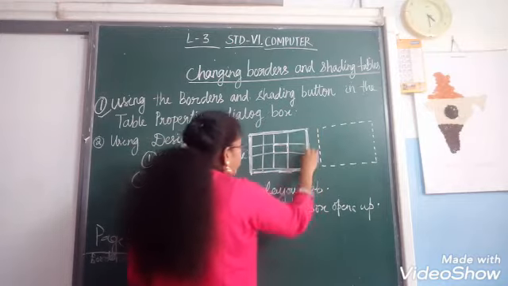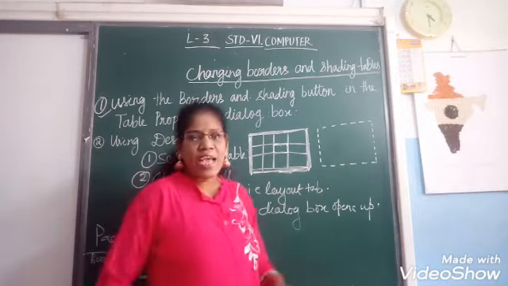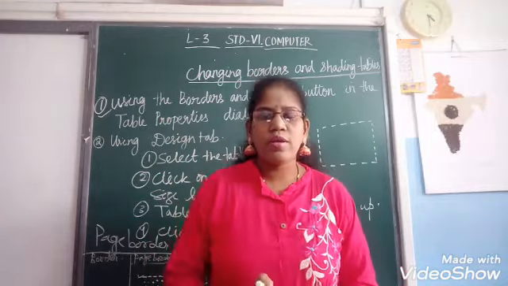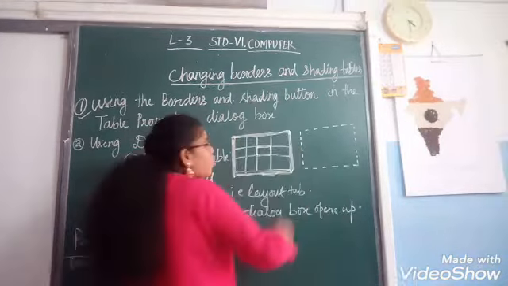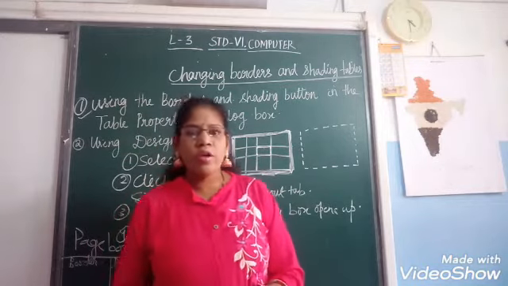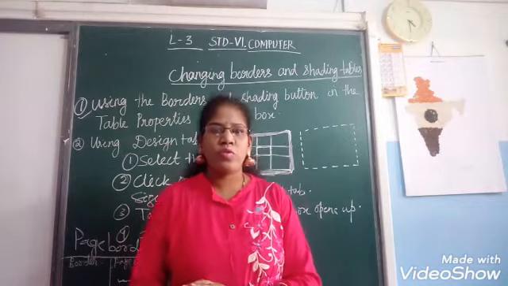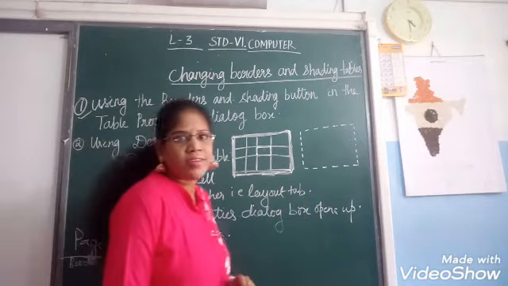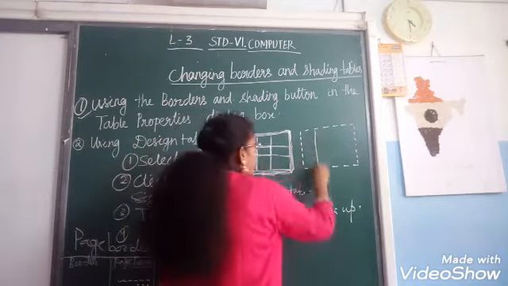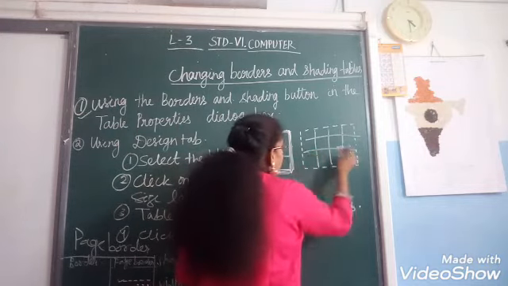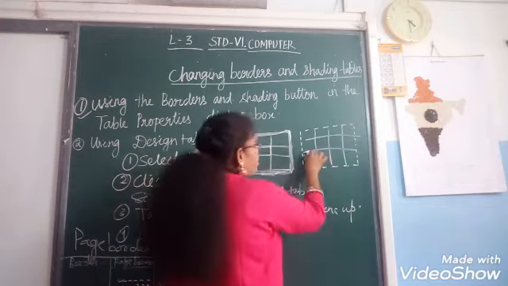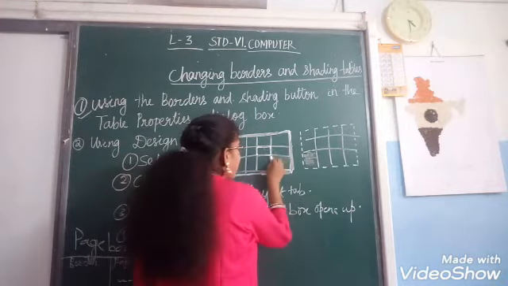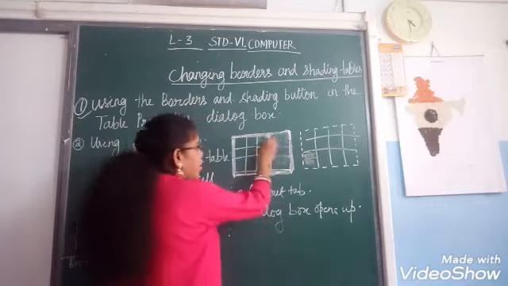In the page border, you can give a design border. You can change the width of the border, the thickness of the border. So the thickness of the border, how you want, you can choose in the page border. And shading, if you want to give to the table, what type of shading you want, you can choose and give a shading to the table.